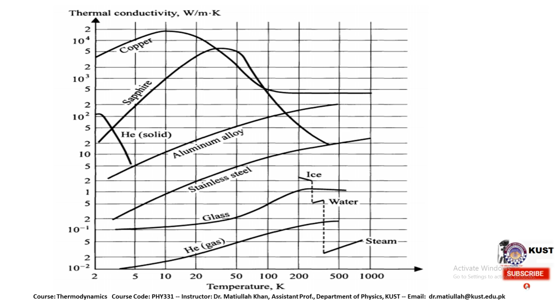Similarly for copper the thermal conductivity is reduced with increasing temperature, and it remains almost constant from 100 to 1000 K. So this is the variation of thermal conductivity with increasing temperature for different solids, fluids, gases and liquid materials.